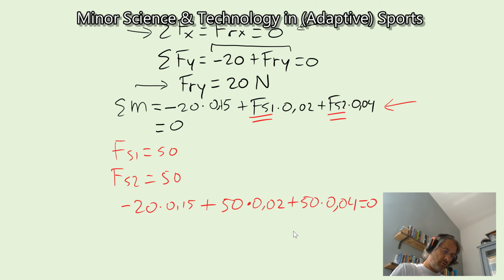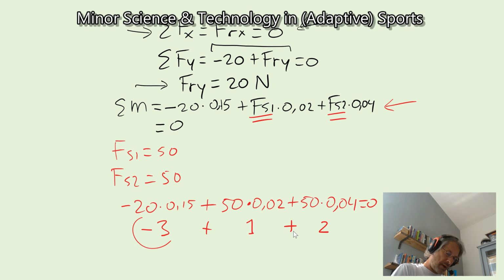Well, this is easy to check because 20 times 0.15, that equals 3 with a minus sign. Then we look at 50 times 0.02. Well, that is 1. And 50 times 0.04, that is 2.